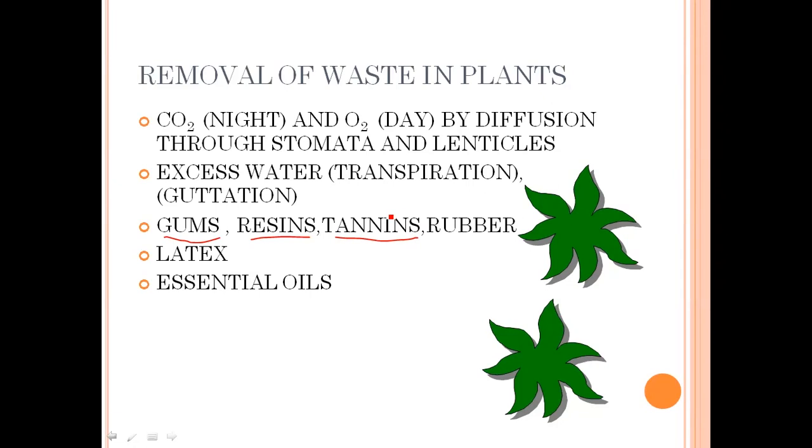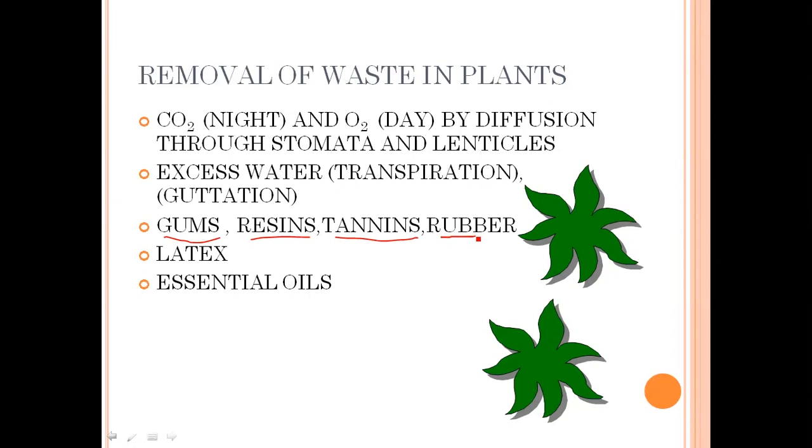Substances like gums, resins, tannins, rubber and essential oils are waste for the plant, but for humans they carry some commercial importance or economic value. You know that gum is used as an adhesive, and resins are used for making polishes and glazing liquids. Tannins are used basically for the treatment of leather.